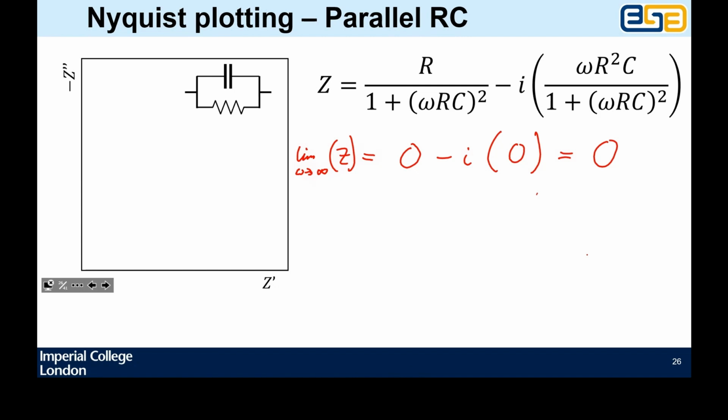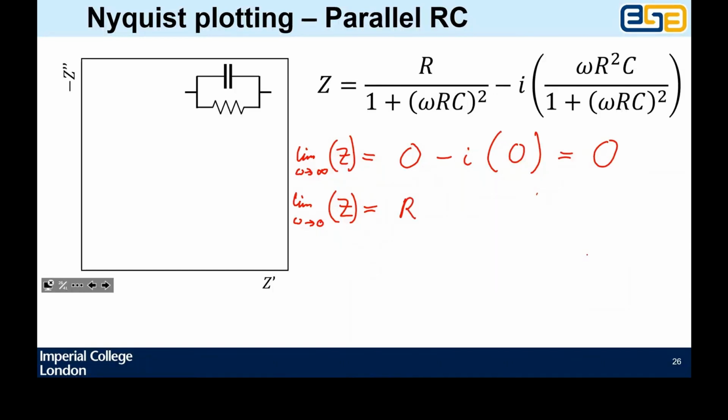Okay. What about the other limit? The limit as omega goes to 0 of z. So we've got our R divided by 1 plus 0 squared, so it's just R divided by 1.